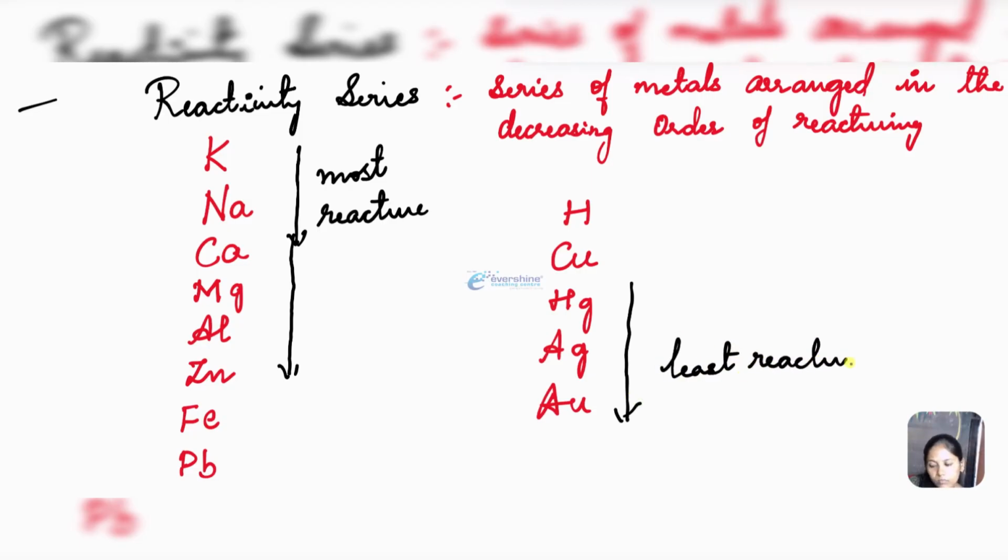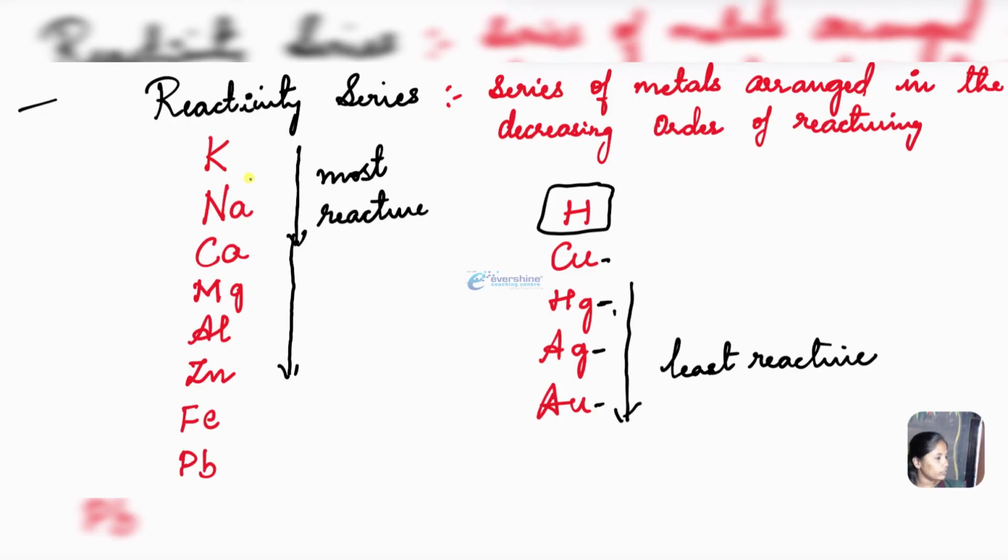So which is the least reactive now? Mercury, silver. What do you mean by Hg? Mercury. What is Ag? Silver. What is Au? What is Cu? Copper. See, you can see here hydrogen. Correct? Below hydrogen, whichever is there, it is least reactive. Above hydrogen, they are most reactive.